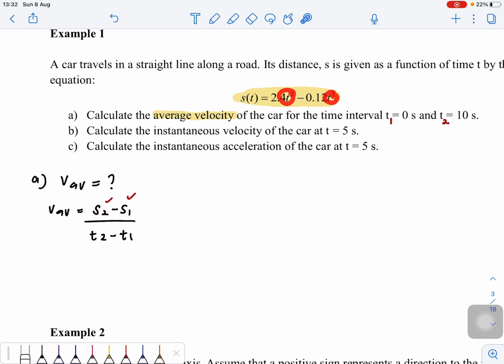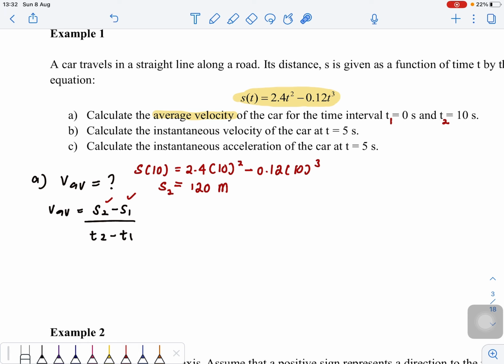Maksudnya, kamu akan substitute the value for T here. So, S apabila T adalah sama dengan 10 second. So, just substitute. So, you will get S, which is S2. Kita label sebagai S2 is equal to 120 meter.